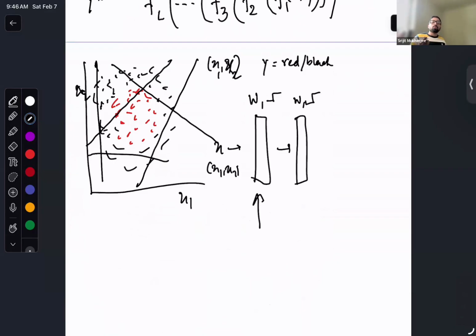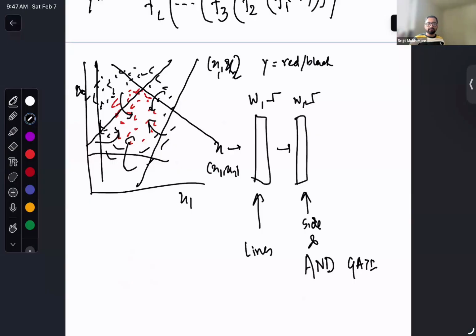And in the second layer, the model is learning which side of the line you should look at. For example, you should look at this side, this side, this side, and that you should look at all of them together. So that's a logical AND gate operation. This is what the model is learning.